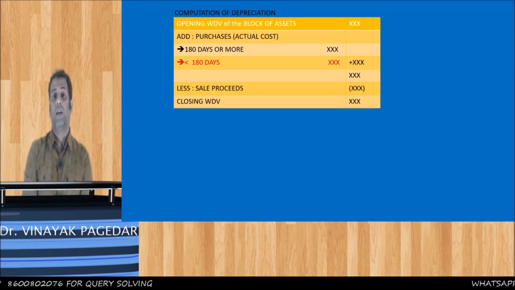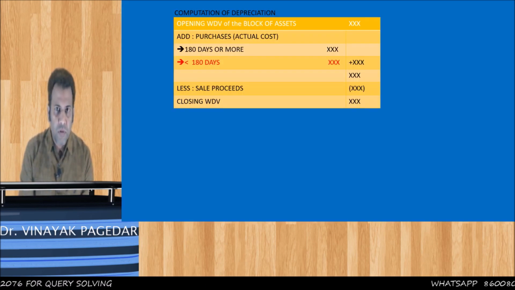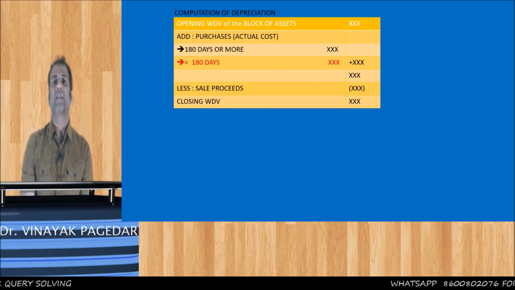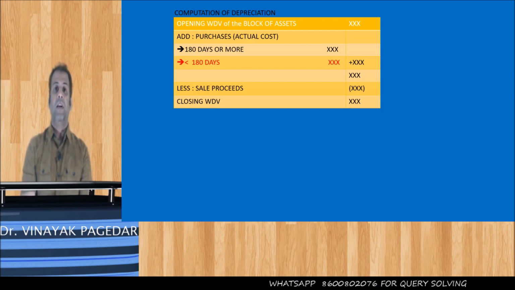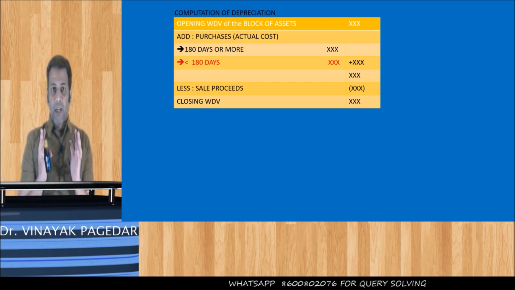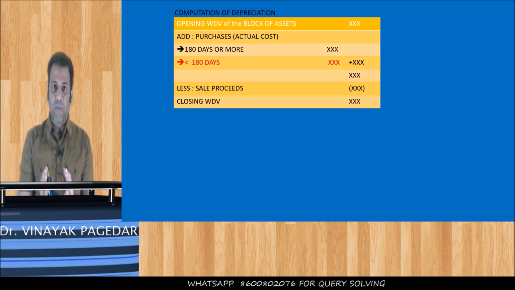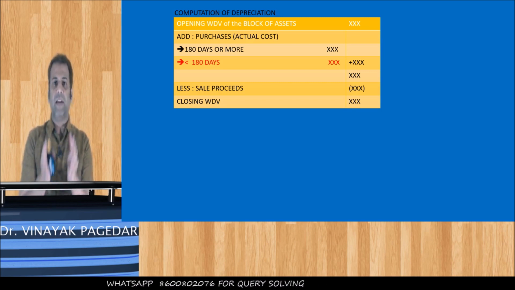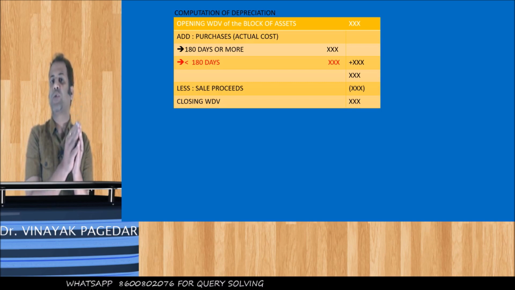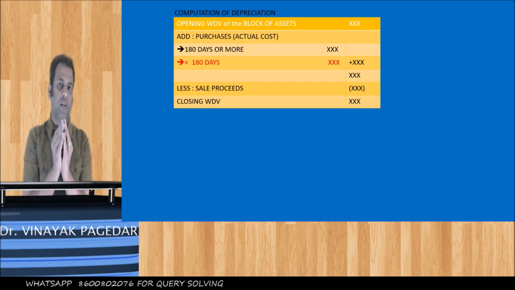Now, this is where we've got to slow down a bit and understand how the depreciation is calculated in the block system. So, you will be grouping the assets having the same type and the same rate. For example, if it's building at 10%, all the buildings at 10% should come into one block.